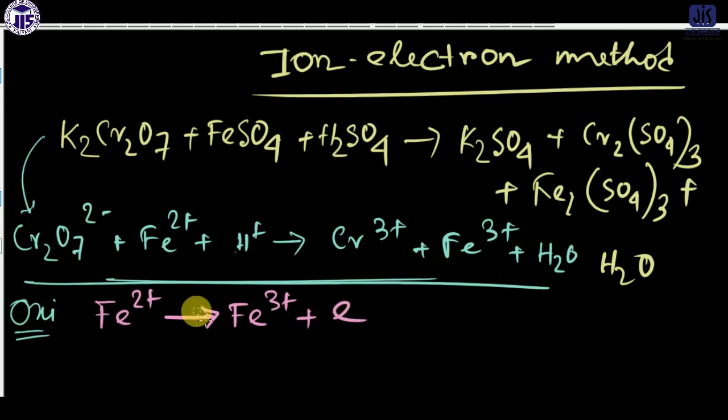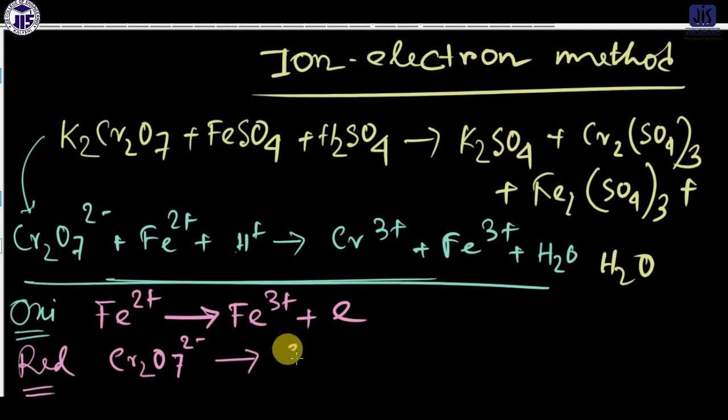This is the oxidation half reaction. Now if you write the reduction half reaction, what will it be? Cr2O7 2 minus going to Cr3 plus. This is the reduction half reaction.